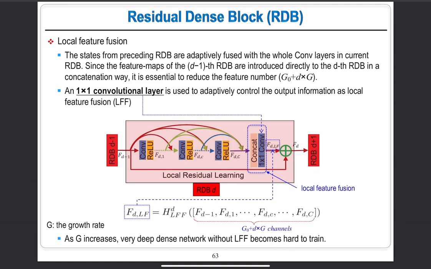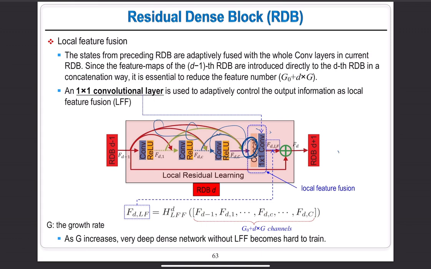And this slide just illustrates local feature fusion, LFF. After collecting dense features within the RDB, the feature map size becomes large due to the concatenation, as shown here. To manage this kind of issue, a one-by-one convolution compresses the channels of the feature, reducing the number of channels.